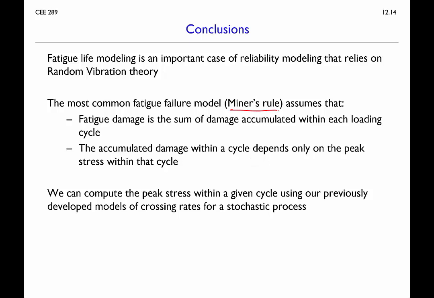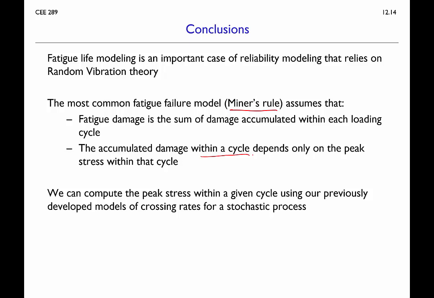The idea is that we're accumulating damage over each cycle of loading, and the amount of damage within a cycle is going to depend on the peak stress within that cycle. So at each cycle, which is an upcrossing of the mean, we need to know what the peak stress is. Then we can raise that stress to an exponent b to indicate damage, and add up that damage over all the different cycles to figure out how many cycles we could sustain without seeing a failure.